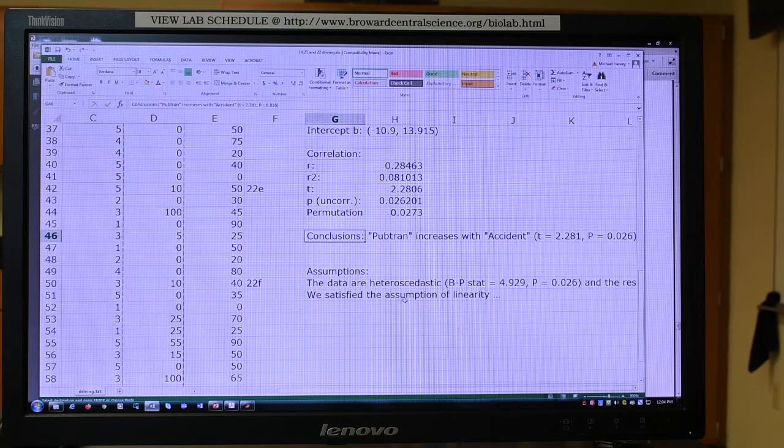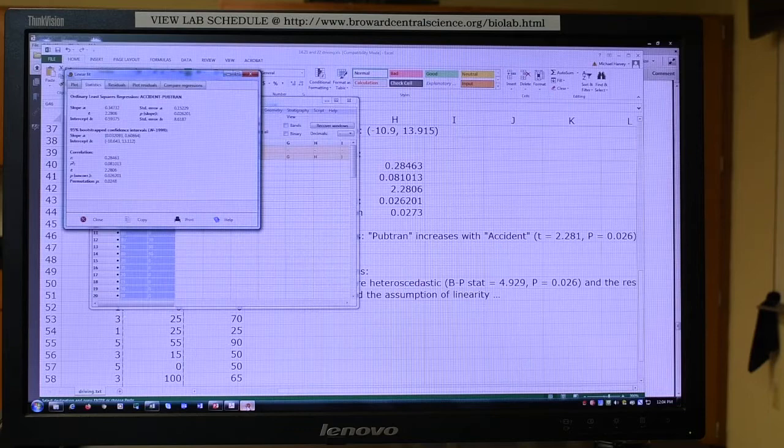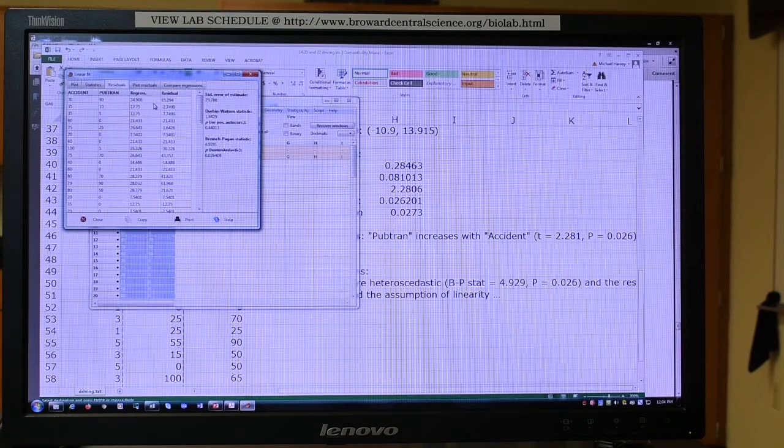Okay, so let's take a look at the assumptions because this violates a lot of assumptions. So this will give us a chance to see how we deal with that. All right. Remember, in PAST, what we do is we click the residuals tab to get the assumptions. And the first one, the Durbin-Watson statistic, this is the test of linearity.